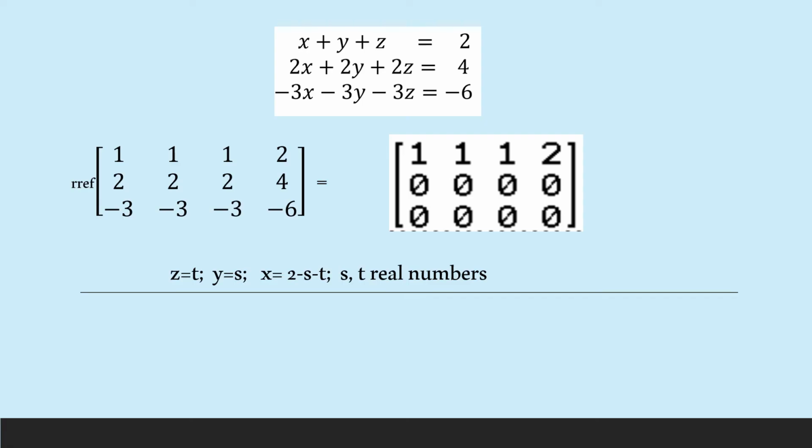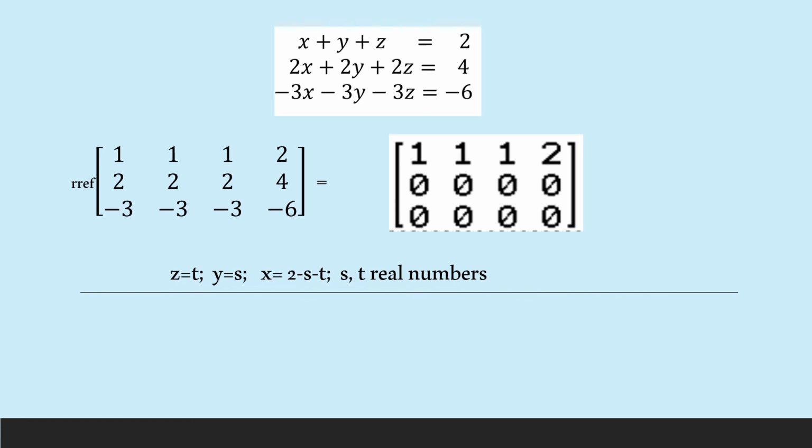In fact, when you see the last 2 rows as all zeros, if I take the variable z as t and y as s, where those are real numbers, then x will become 2 minus s minus t from the first row.